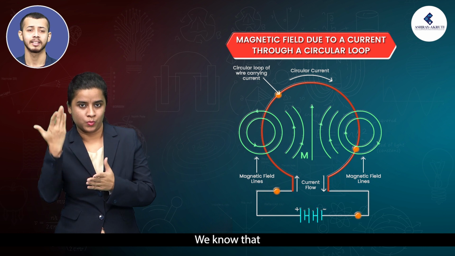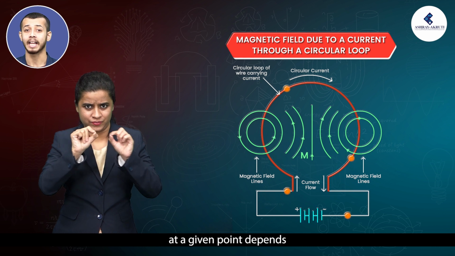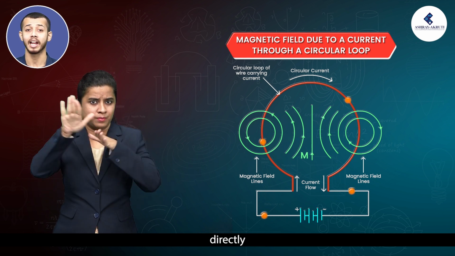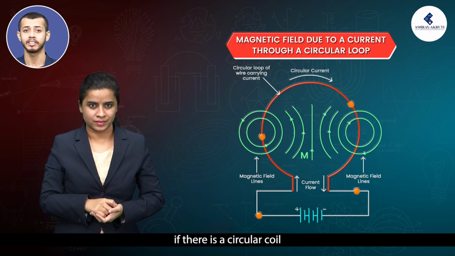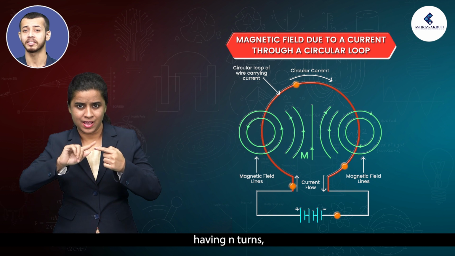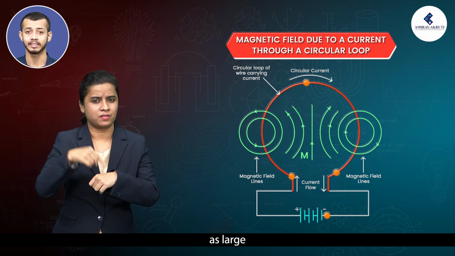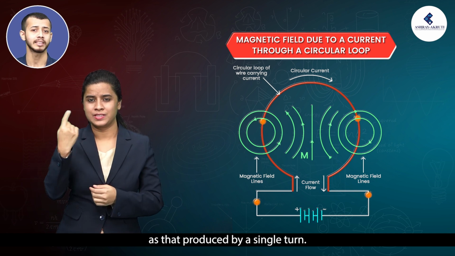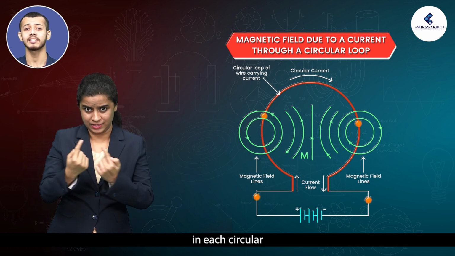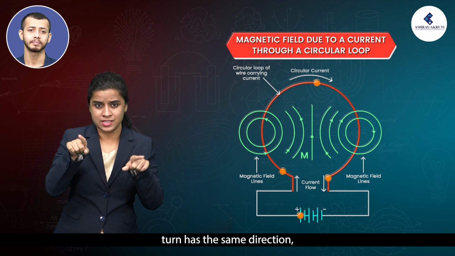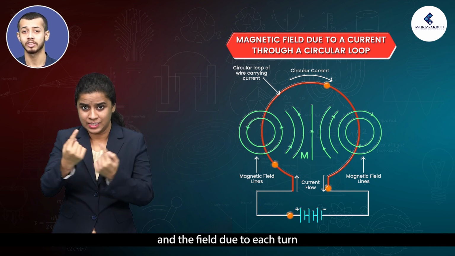We know that the magnetic field produced by a current carrying wire at a given point depends directly on the current passing through it. Therefore, if there is a circular coil having n turns, the field produced is n times as large as that produced by a single turn. This is because the current in each circular turn has the same direction and the field due to each turn just adds up.